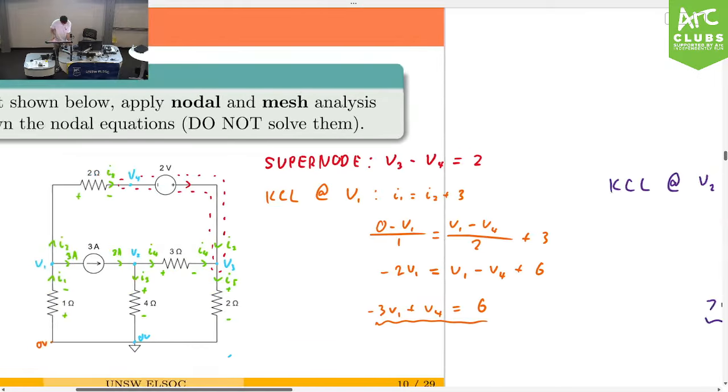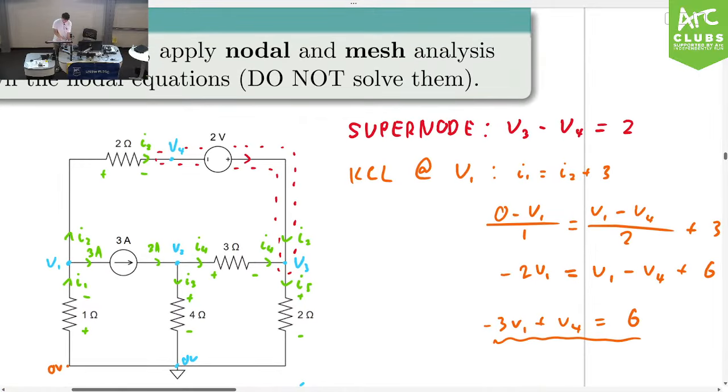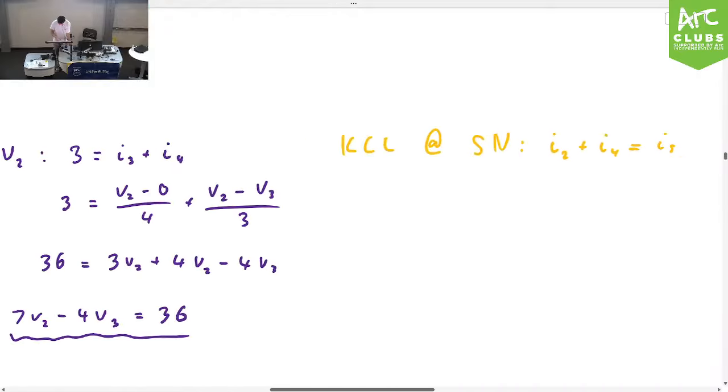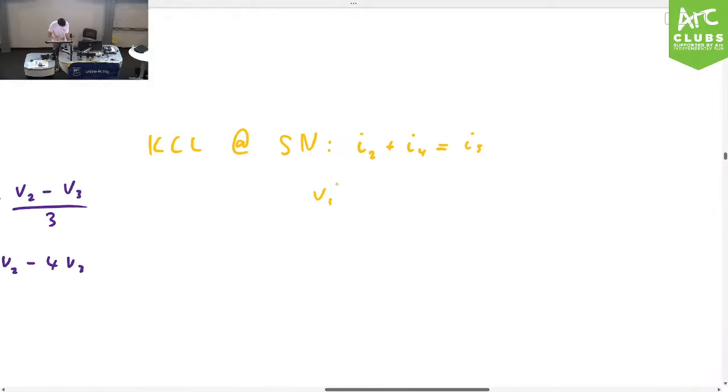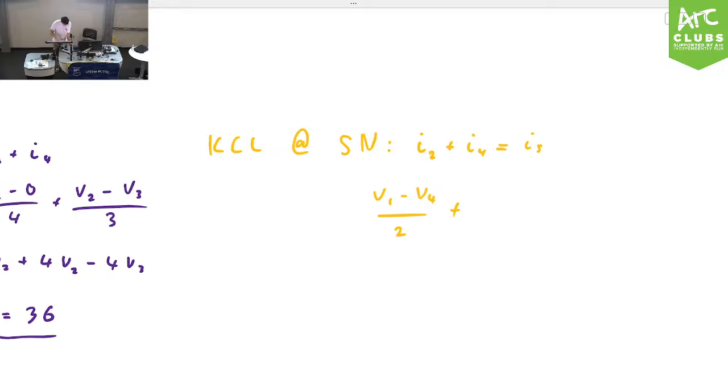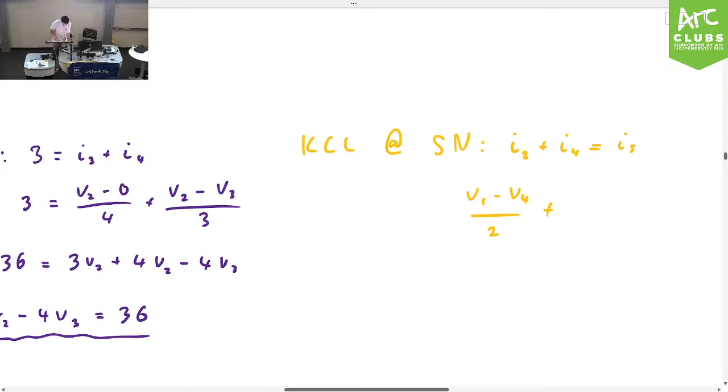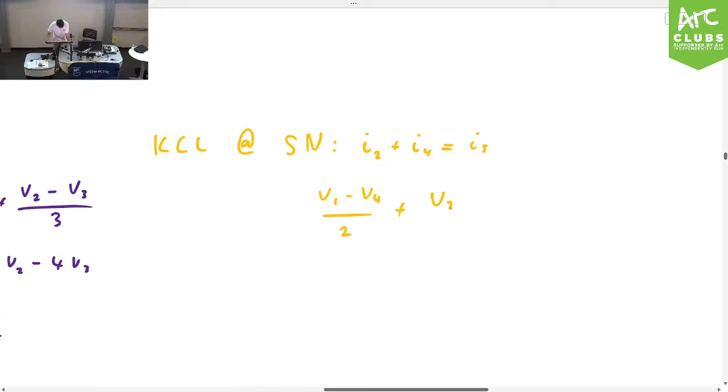Cool. So we can rewrite I2 as V1 minus V4 on 2. I4 we can rewrite as, from before, V2 minus V3 on 3.